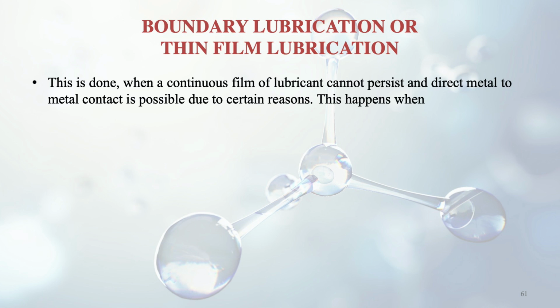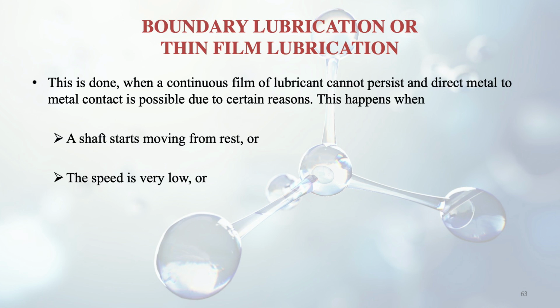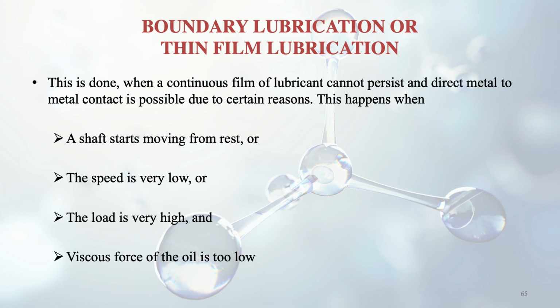This happens when a shaft starts moving from rest, or if the speed is very low and the load is very high, then the two surfaces may come in contact with each other, or the viscous force of the oil is too low, because then the fluid will flow away from in between the two surfaces. So all these four conditions can lead to this kind of lubrication need.